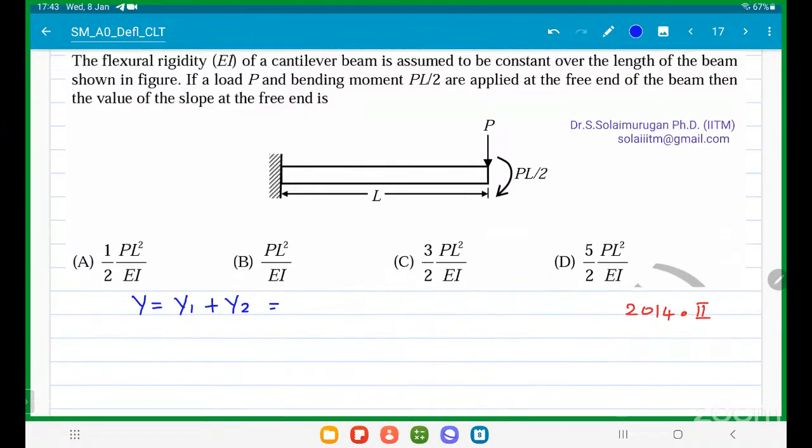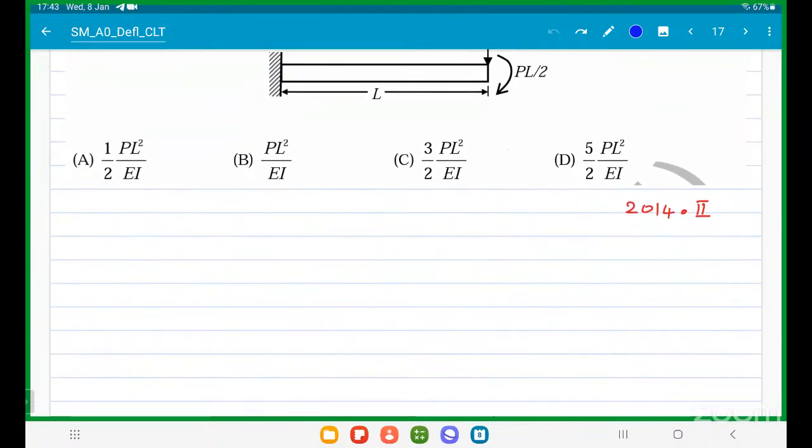What is the y1 formula? P L cube by 3EI plus M L square by 2EI. But slope is asked. Okay, very good, sir. Slope now, which method will you go with?